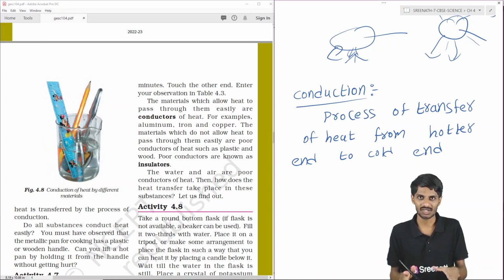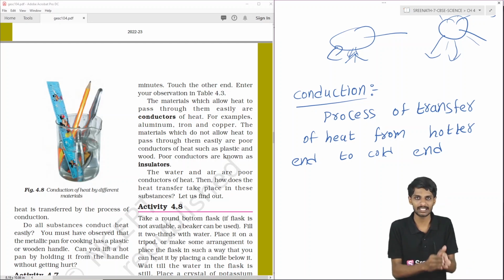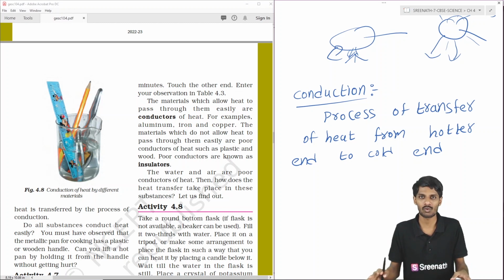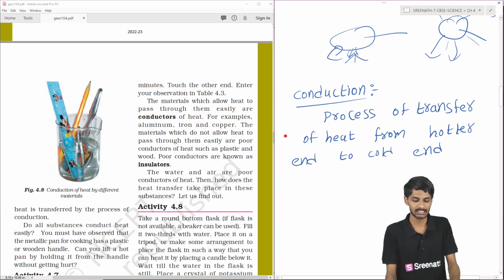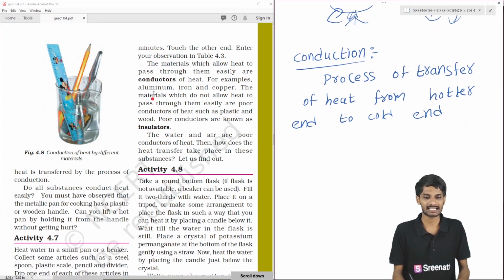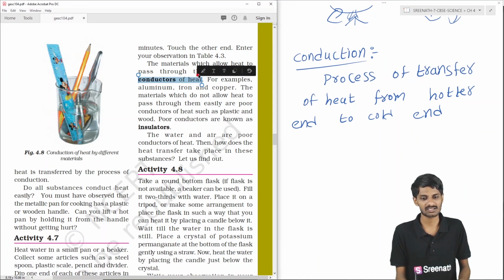So we observe that some objects allow heat to flow and some objects do not allow heat to flow. The objects which allow heat to flow are called what? Conductors. Conductors of heat.